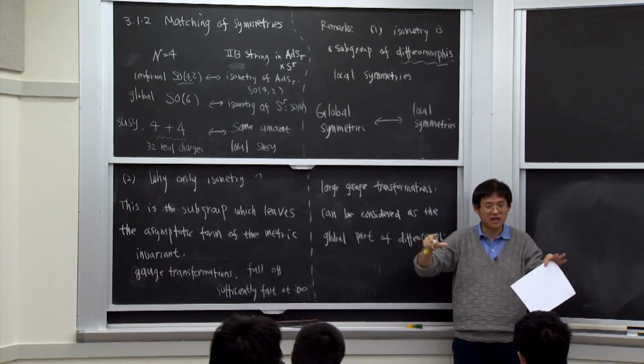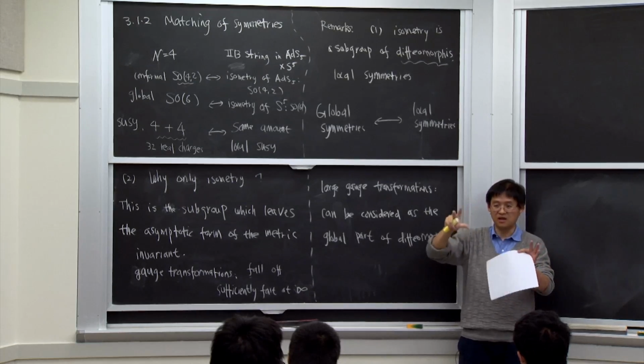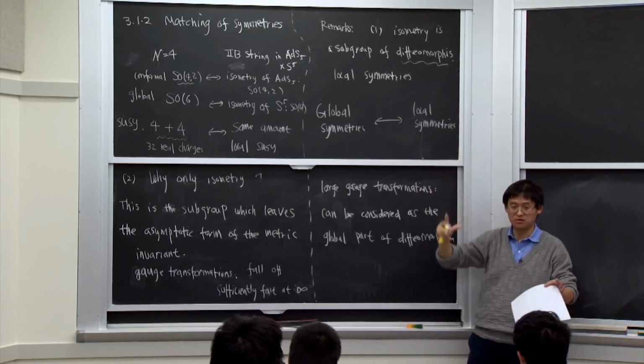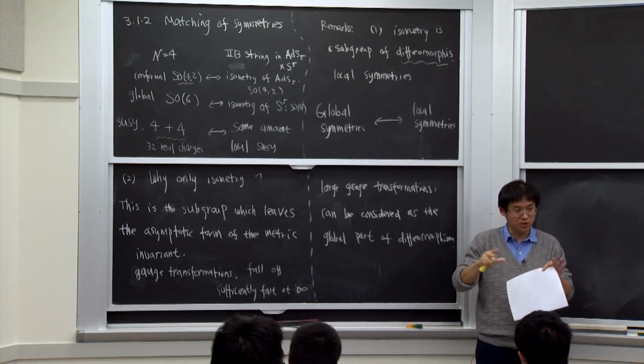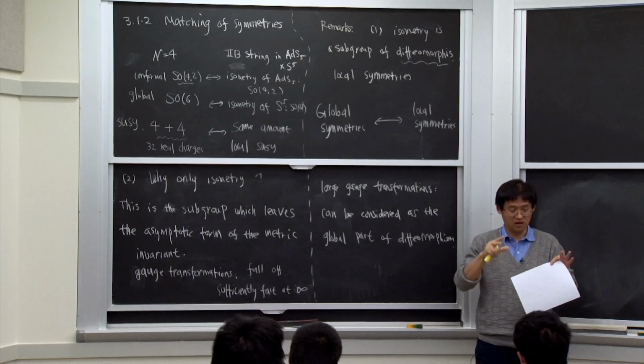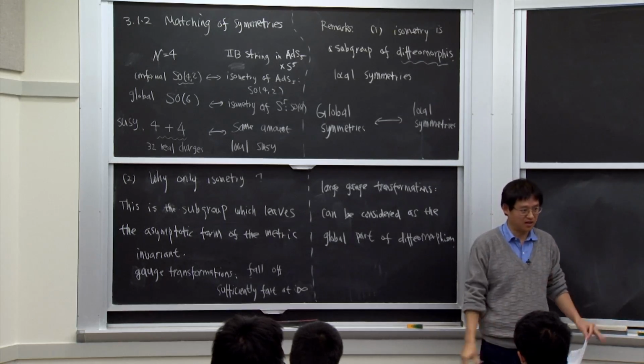So even on the gravity side, in some sense, you should think of them as global symmetries, and they're large gauge transformations. Yeah, because the ordinary gauge transformations just correspond to redundancy of degrees of freedom, and that should not be reflected on the other side.